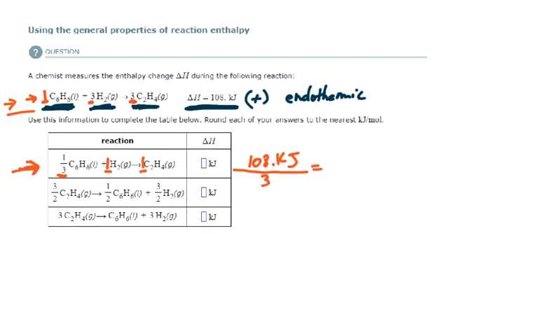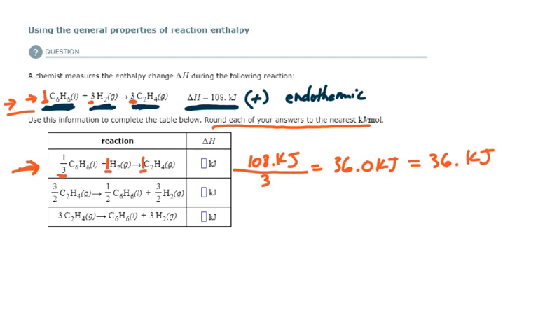And so what I would get in my calculator is 36.0 kilojoules. Now they ask me to round each of my answers to the nearest kilojoules per mole, so I would just round that to 36 kilojoules.